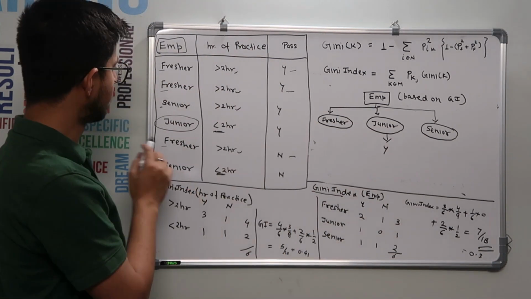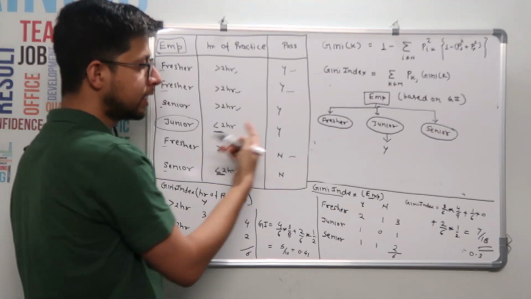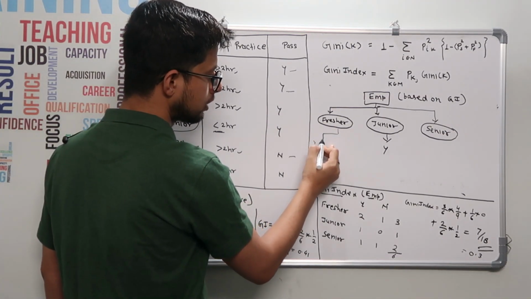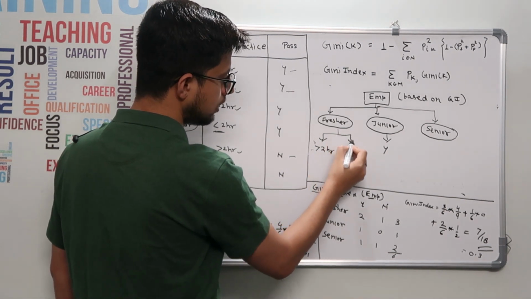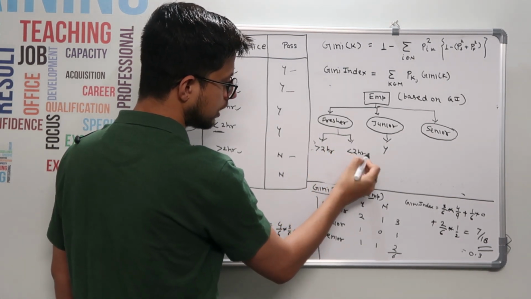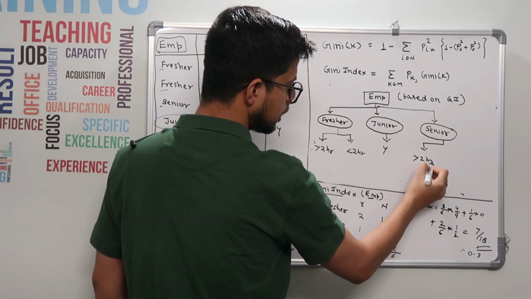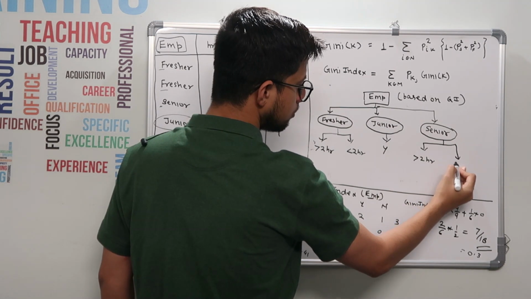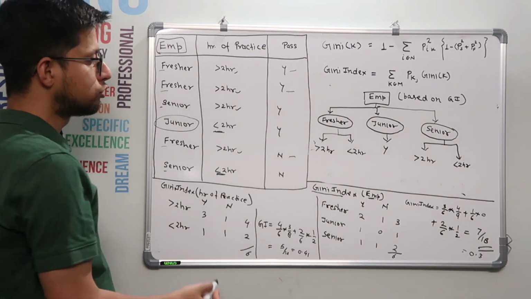And for fresher there is only one column remaining, so no need to calculate further for Gini index. So it will be greater than 2 hour or it will be less than 2 hour. And here also it will be greater than 2 hour and it will be less than 2 hour, correct? Now you see for greater than 2 hour what is there?